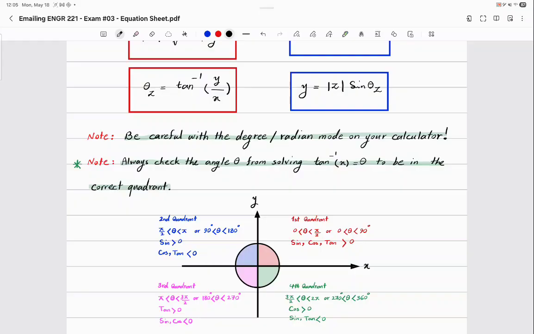By default, the answer given by the calculator is in the fourth quadrant if the tangent is negative. But sometimes you have to move the angle from the fourth quadrant to the second quadrant, okay? And how do you do that? Add pi, or add 180, or negative 180 to the angle, and it will give you the equivalent angle in the second quadrant.